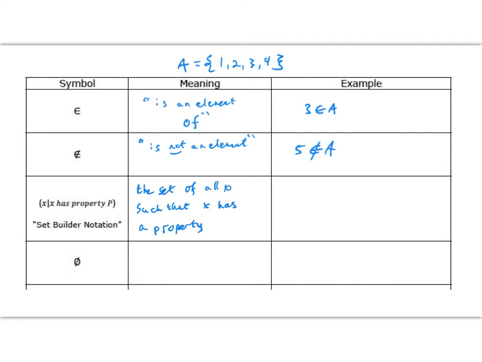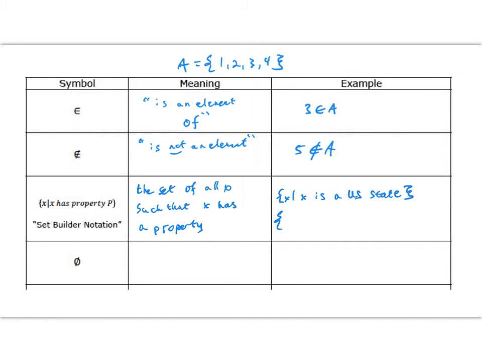And again, this is where the well-defined comes in, helps us to kind of decide a common agreement on things. So in this case, we might say the set of all x such that x is a U.S. state. And then that would cover all 50 states in one fell swoop.